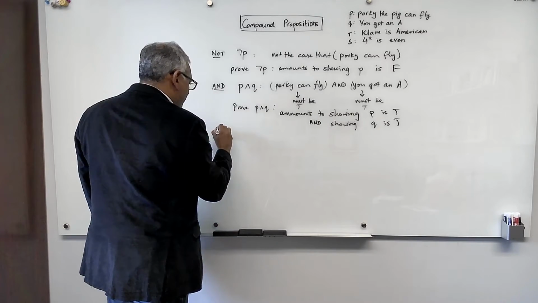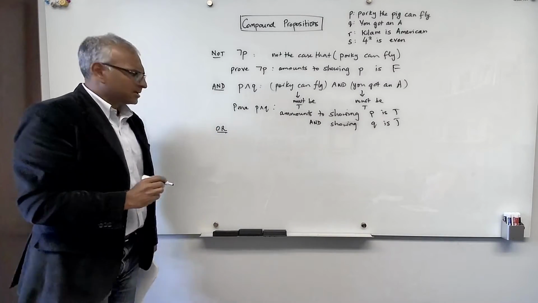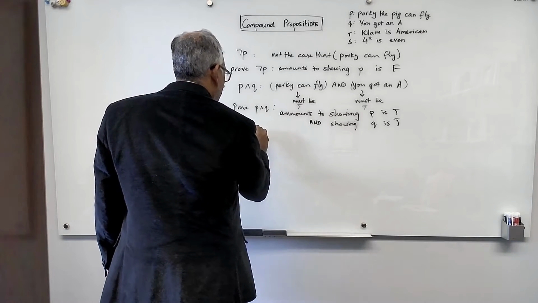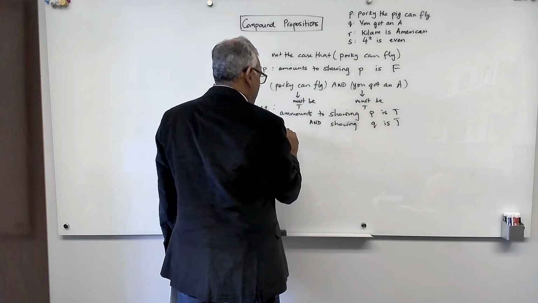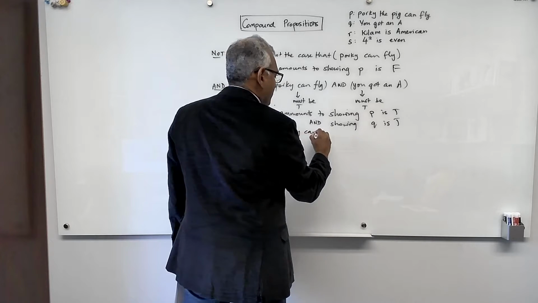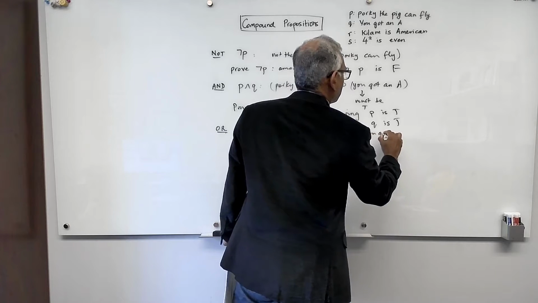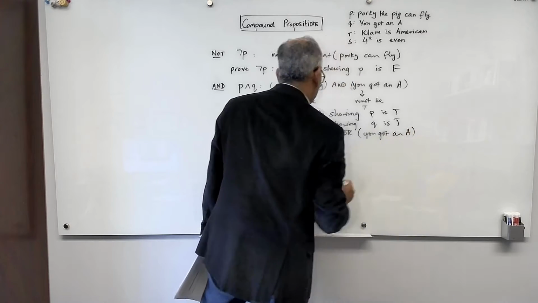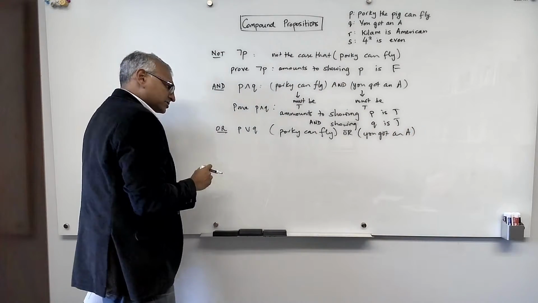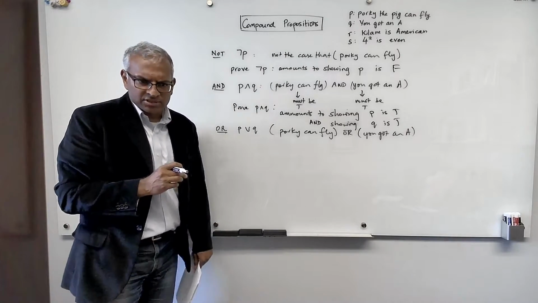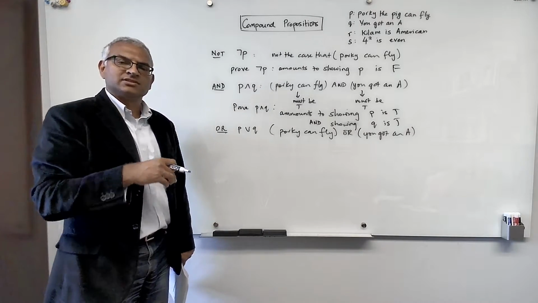Okay. Or. Okay. So P or Q. Porky can fly, or you got an A. Okay, now the or is interesting. So it's not the common usage in the English language, which is the exclusive or.